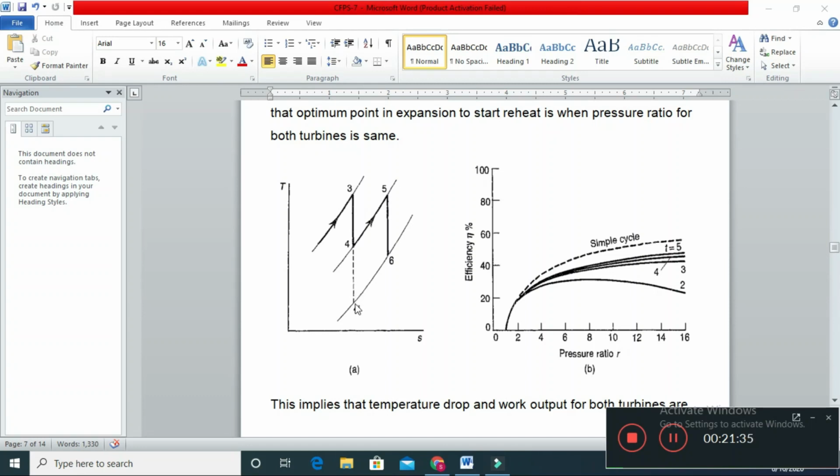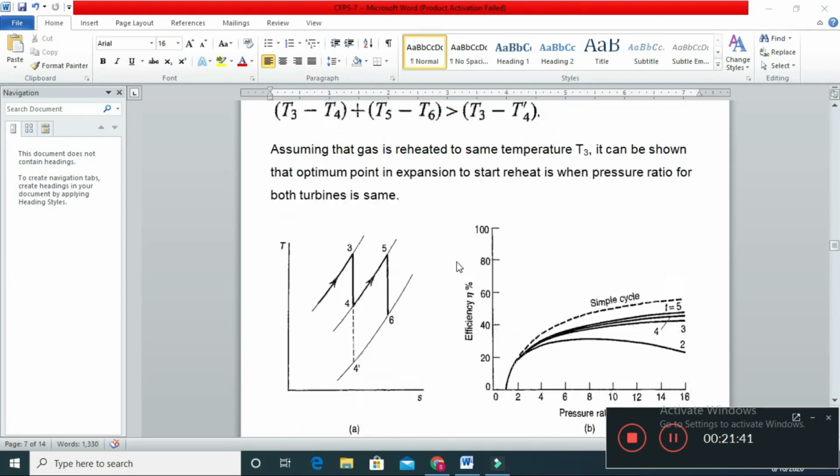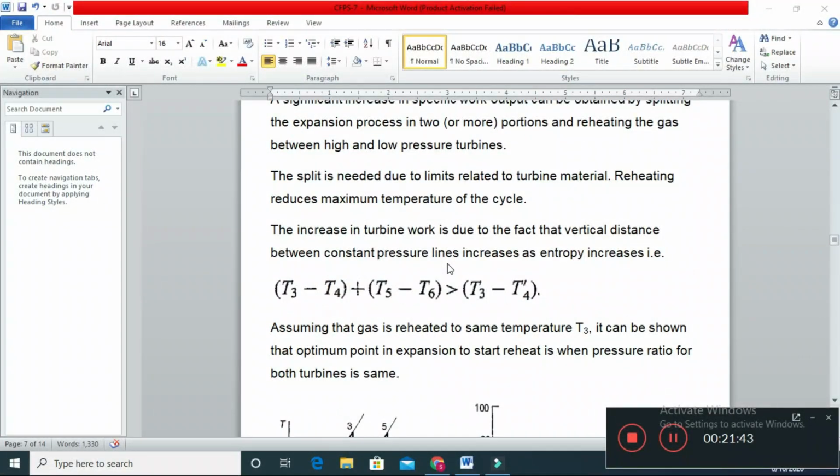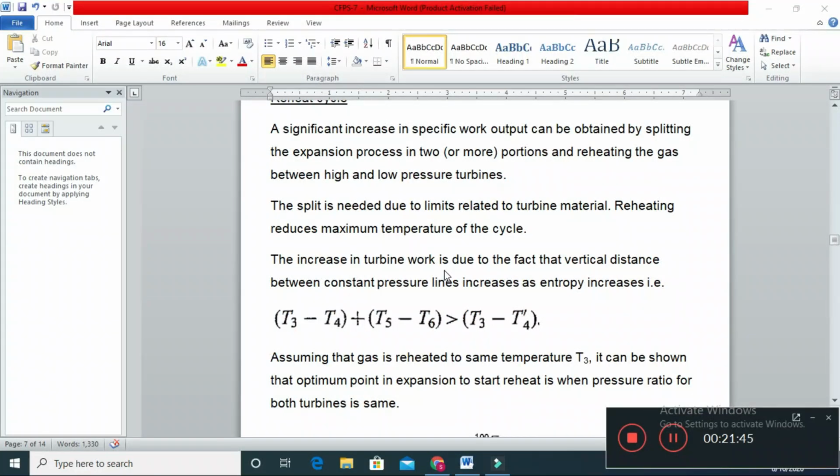So this temperature difference 4 and 4 dash will be less than the temperature difference between 5 and 6. So if we divide the expansion process into two parts, we will have more work when compared to the work obtained from a single turbine.